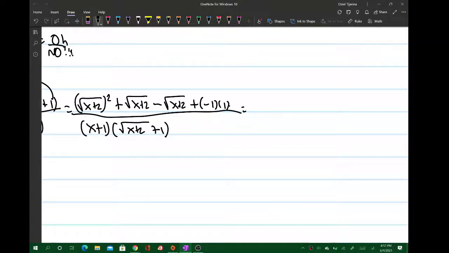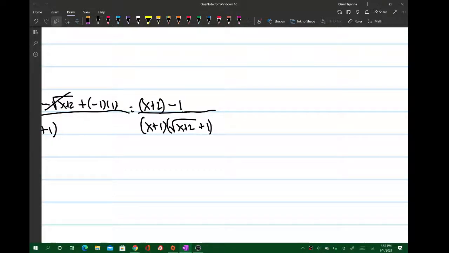So then this is going to be x plus 2, these two cancel out, and then it's going to be minus 1 because -1 times 1 is -1 over, and then you're going to keep it unfactored again, x plus 1 times the square root of x plus 2 plus 1.